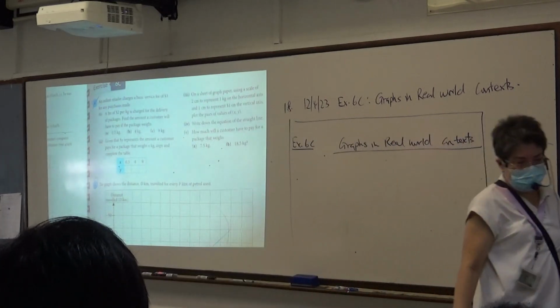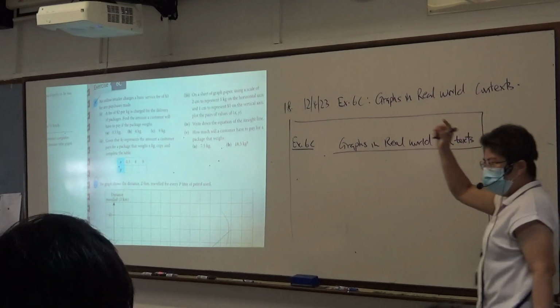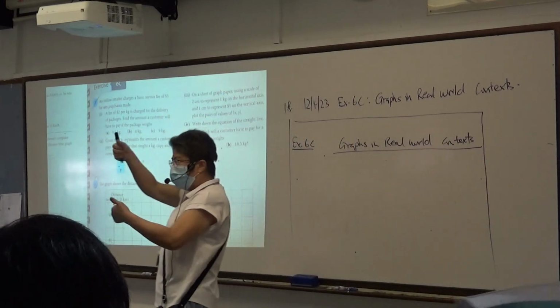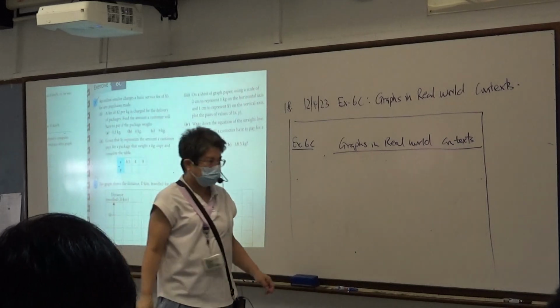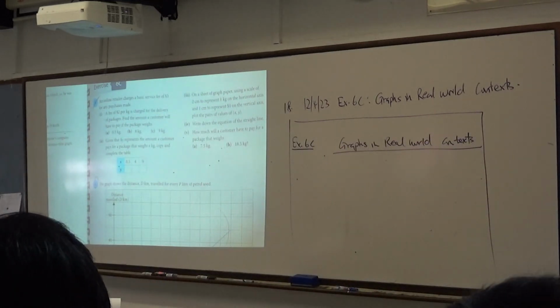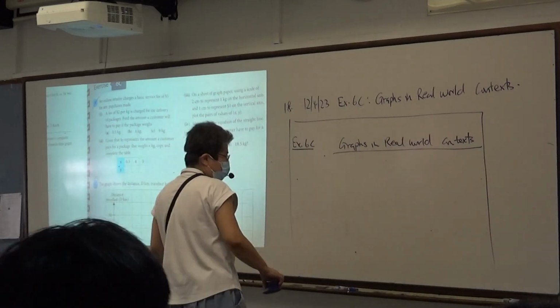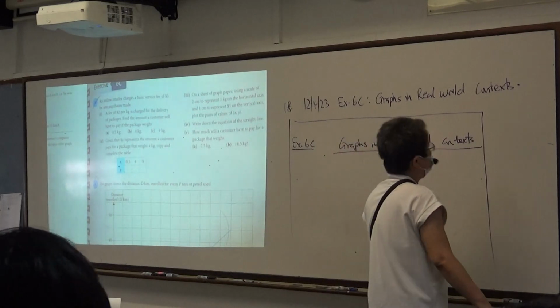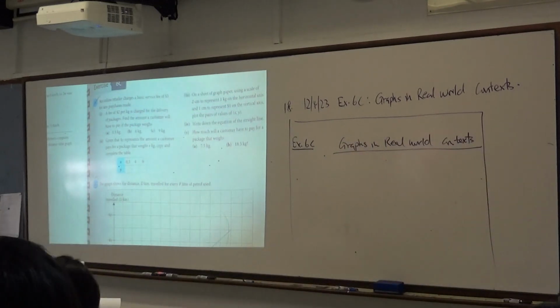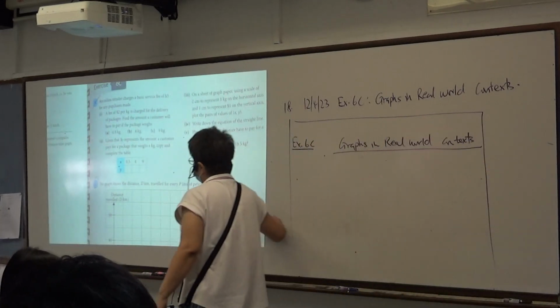And then please write your name. Now, then I want you to pick up one piece of graph paper and turn to the back of the graph paper. I'm going to do question 1 together with you.